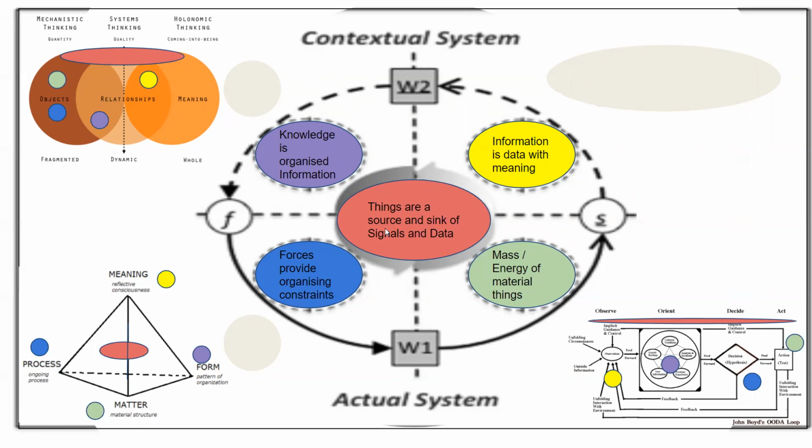And those things are then a source and sink of signals and data. So every single spin of this holon can create increasing levels of complexity of systems, increasing levels of complexity of things.